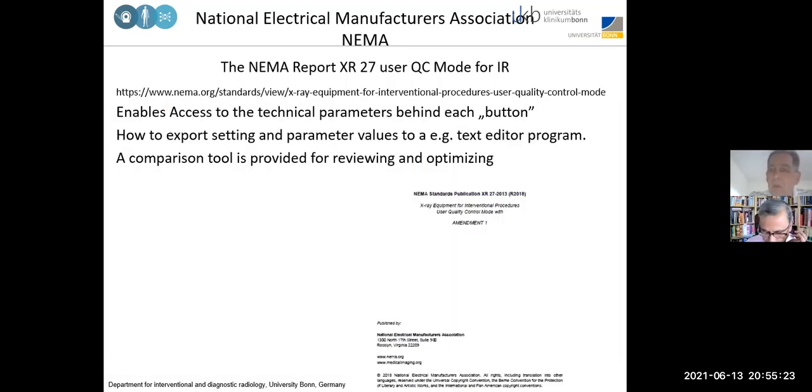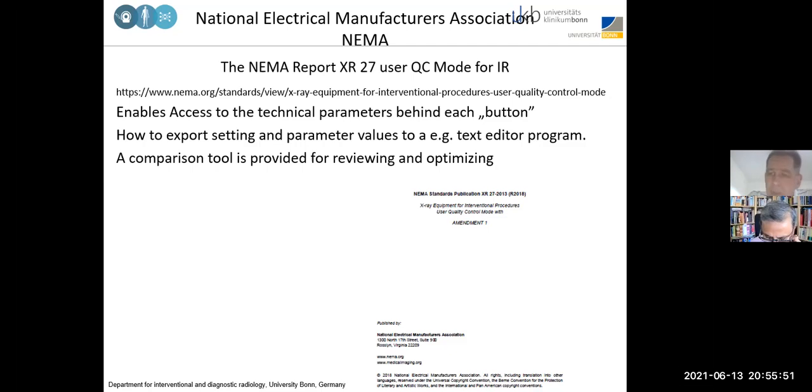So what helps us? What kind of tools do we have which ease up our life? The first one is the National Electrical Manufacturers Association, the NEMA. Here is the web address where you could find the NEMA report XR 27, the QA mode for interventional radiology.